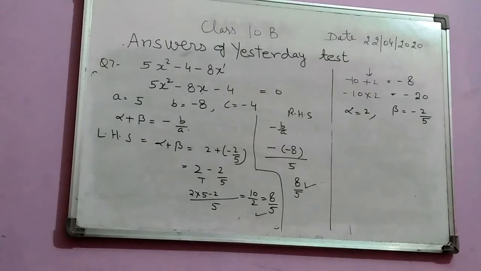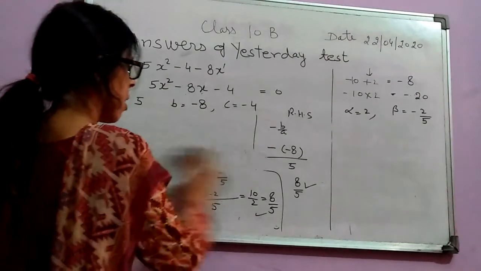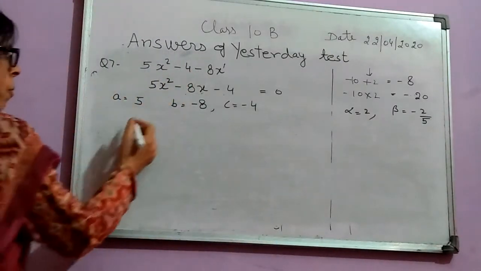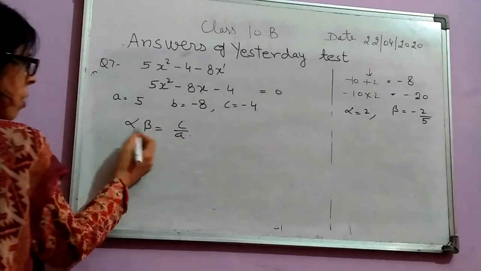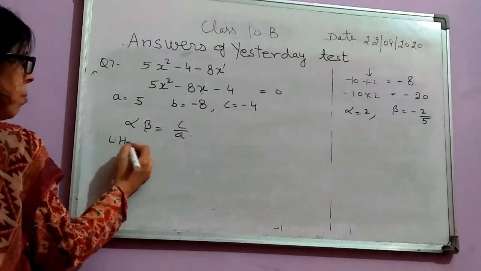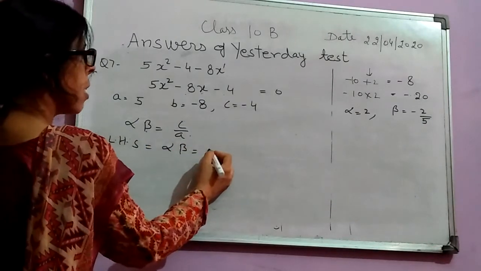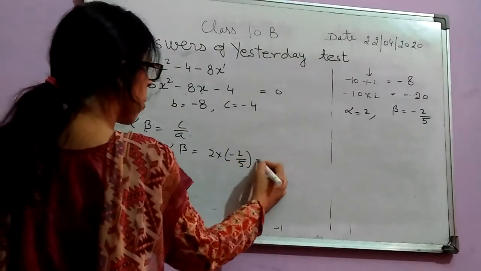Now I am verifying the second relation. Second relation is alpha beta equals to c upon a. So first I am solving the left hand side. It is alpha beta. Alpha is 2, beta is minus 2 upon 5. It is minus 4 upon 5.